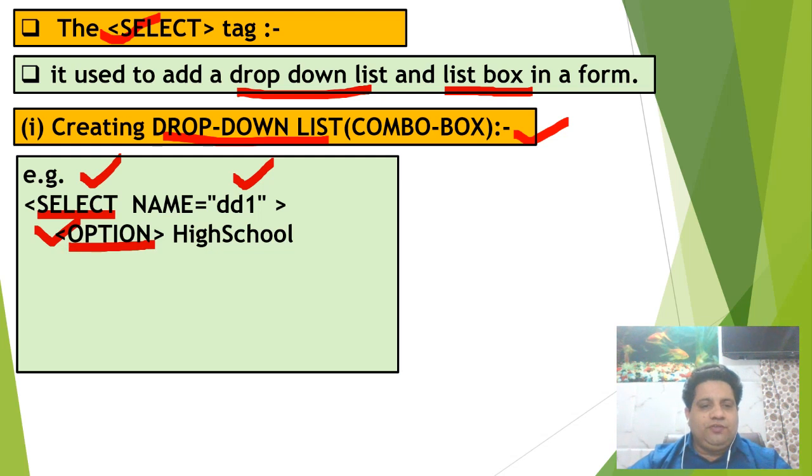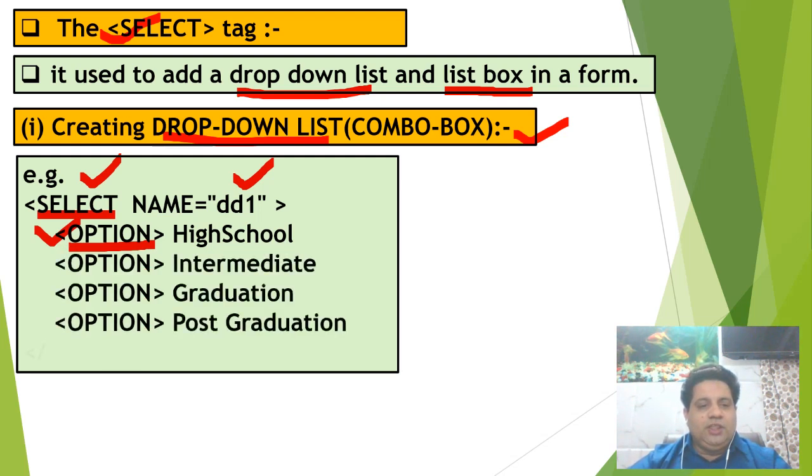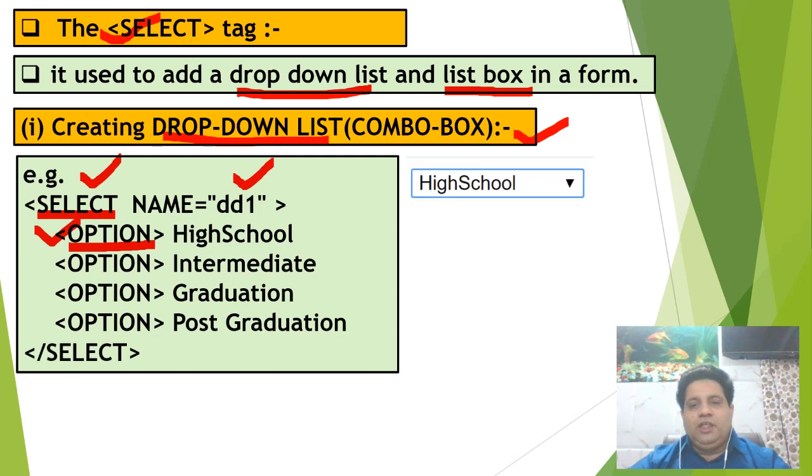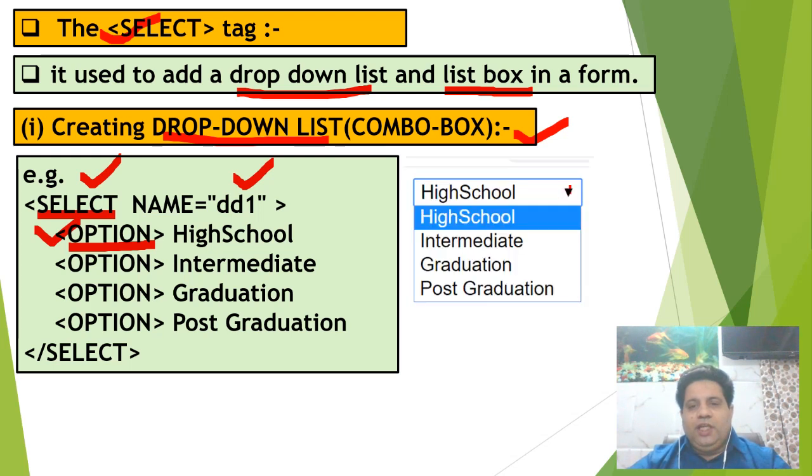So I have used the first option high school, then intermediate, then graduation, then post graduation, and then I have closed the select. Now see, you will get the drop down list. When you click on this list, you will get a drop down list which contains all the options: high school, intermediate, graduation, and post graduation. See, so in this way you can create a drop down list.